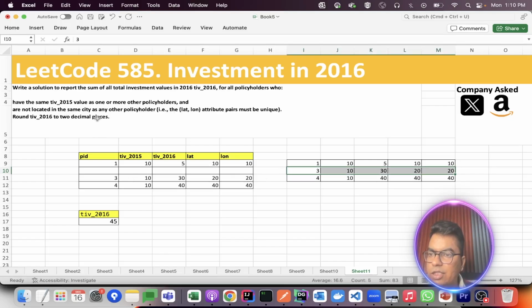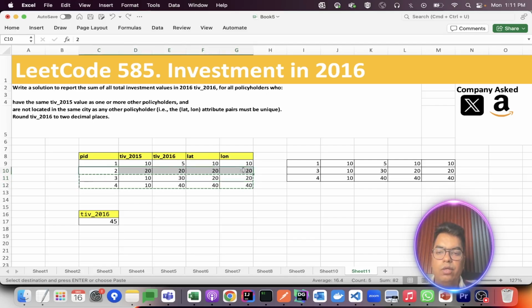The second condition is that they are not located in the same city, that is, the latitude and longitude attribute pair must be unique. Let us see whether this 2020 is unique or not. If we see, this 2020 is the same as the second row. So this third row will also not participate in the final solution, and we have to eliminate it as well.